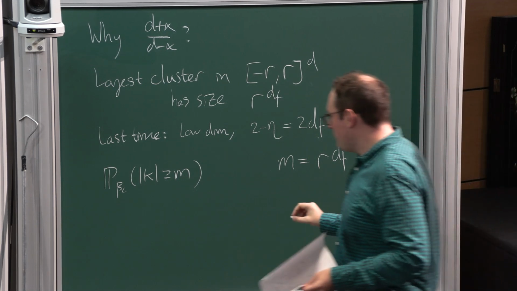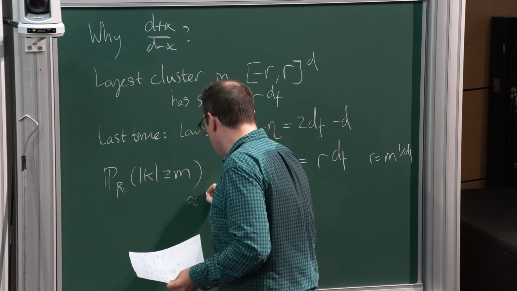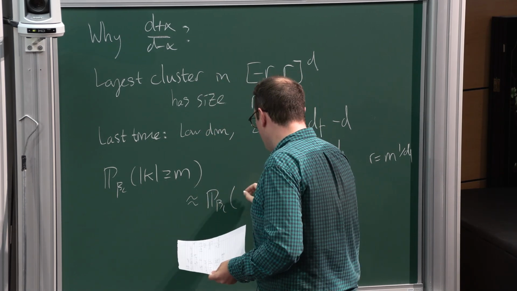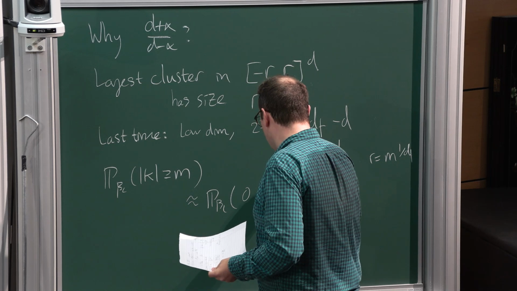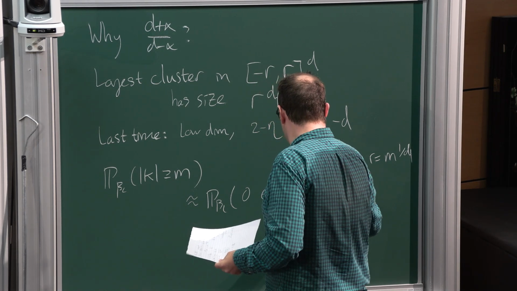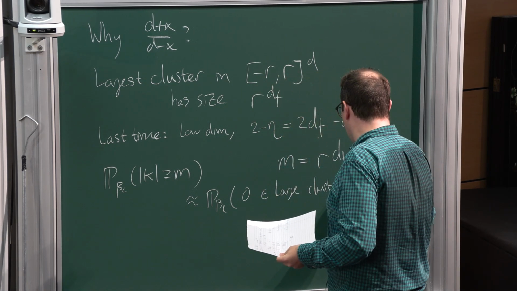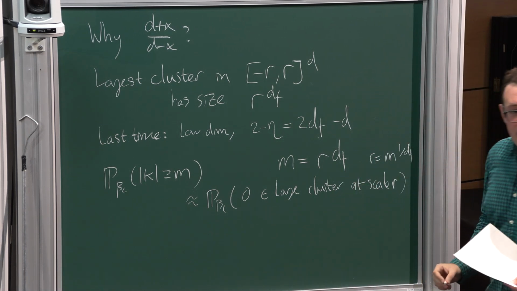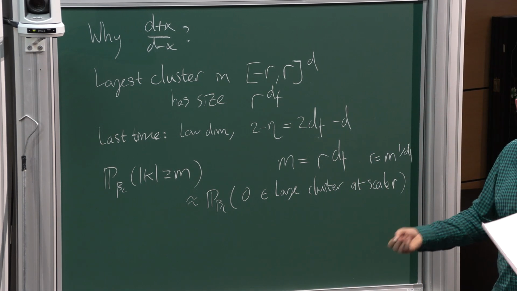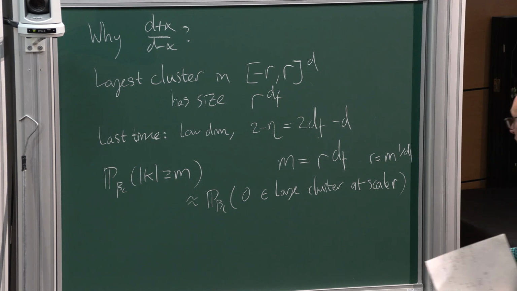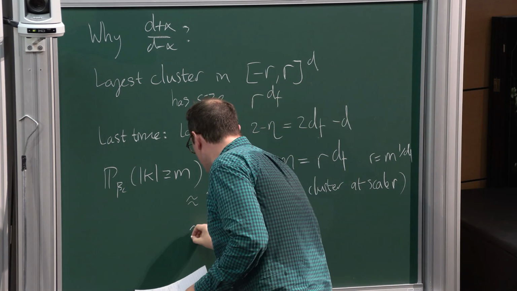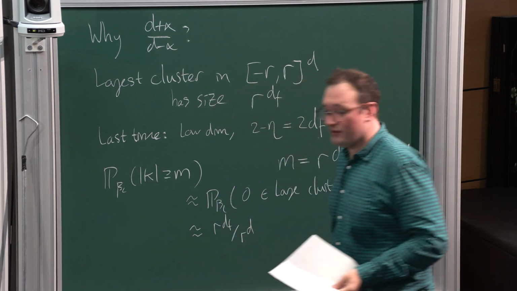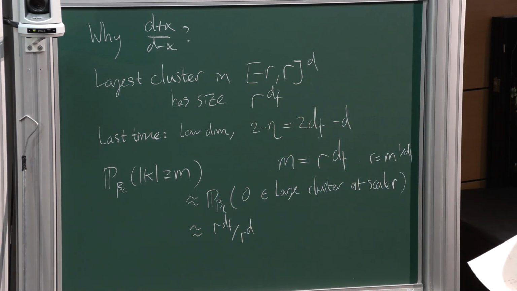Okay? And what we expect is that this probability is of the same order as the probability that the origin is in the large cluster at scale r. And again, we think of in low dimensions, there are order 1 such clusters. So this probability is just the size of that cluster divided by the total size of the box, roughly.